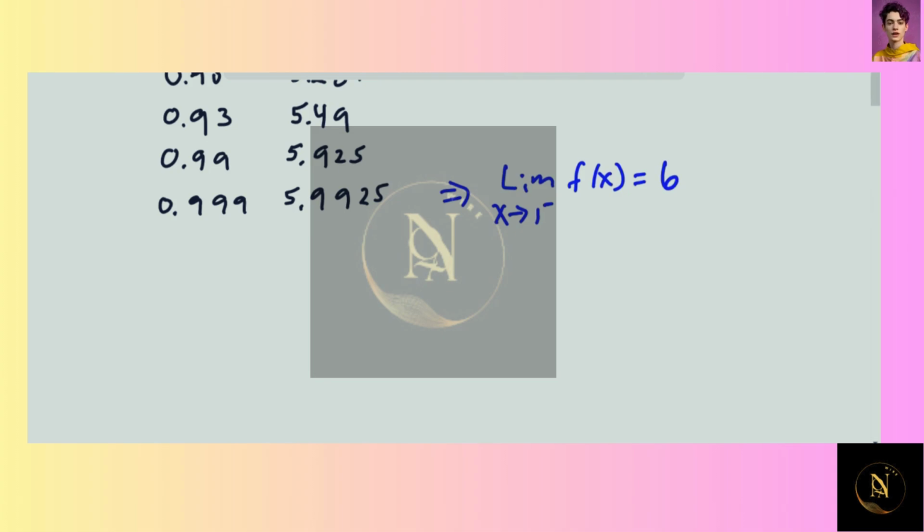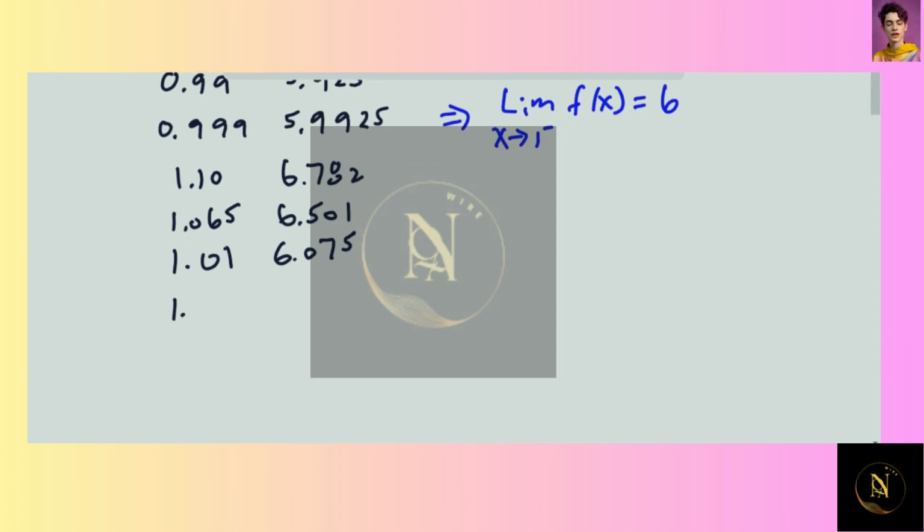Alright, now let's go from the other way. Let's start at 1.1. That's 6.782. And 1.065 is 6.501. 1.01 is 6.075. 1.001, see, I'm getting closer and closer to 1, 6.0075.